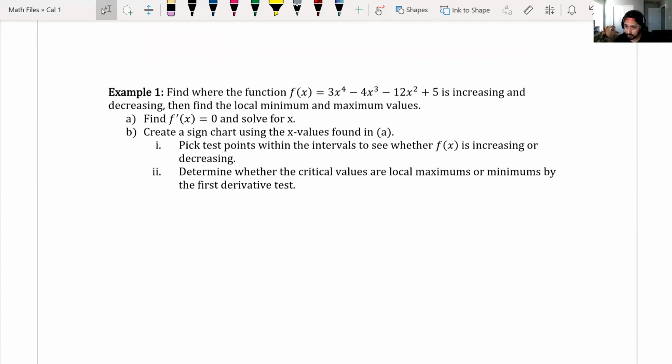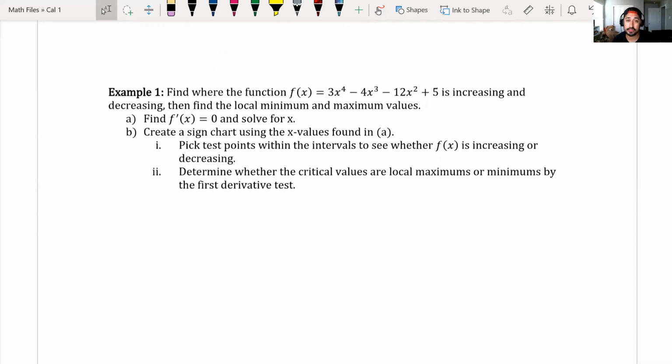To find local max and minimums, here's the process. You're going to take the first derivative, set it equal to 0, and solve for x. Whatever values you find are called critical numbers. You will take these critical numbers, plot them on a sign chart, pick test points, and test those test points on the sign chart.